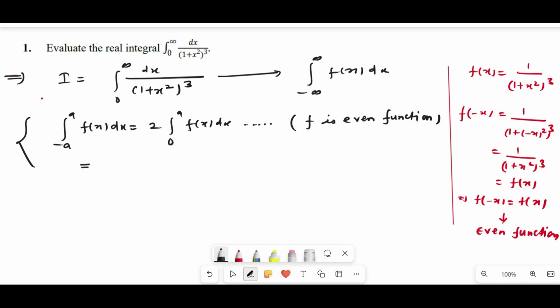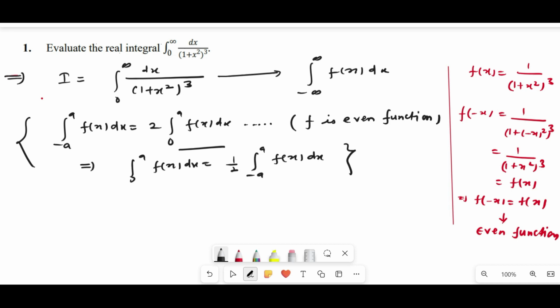So we can write the integral from 0 to a of f of x dx as 1 by 2 times the integral from negative a to a of f of x dx.